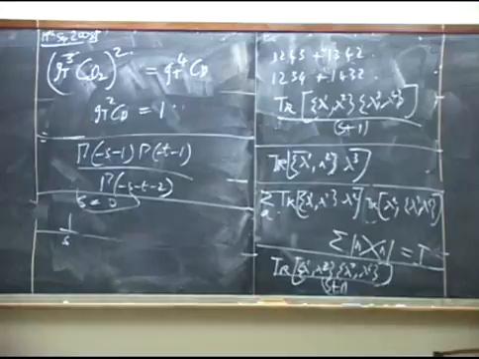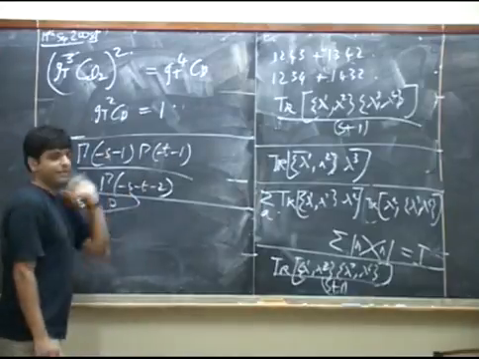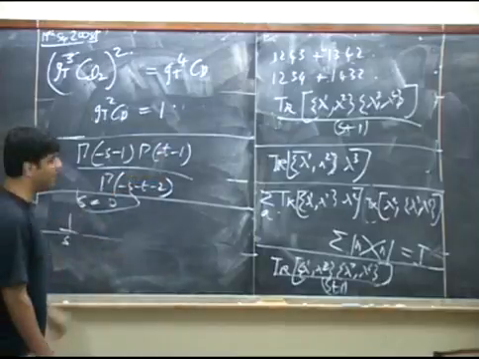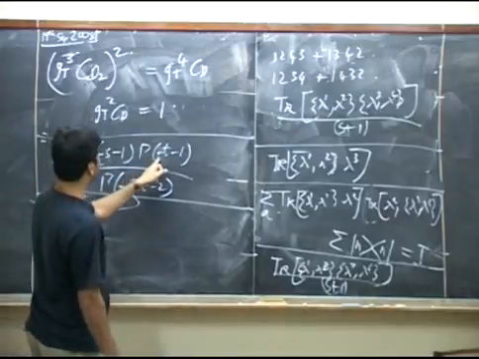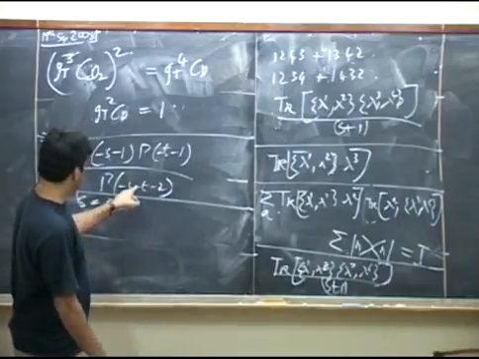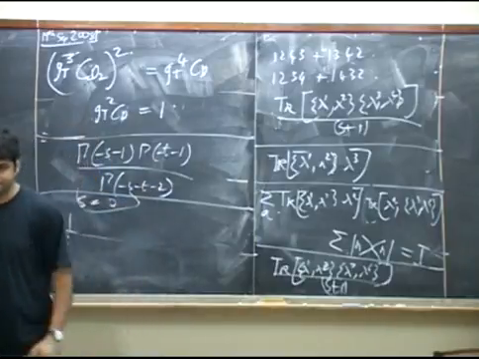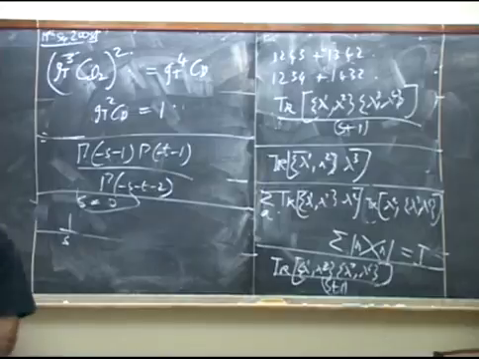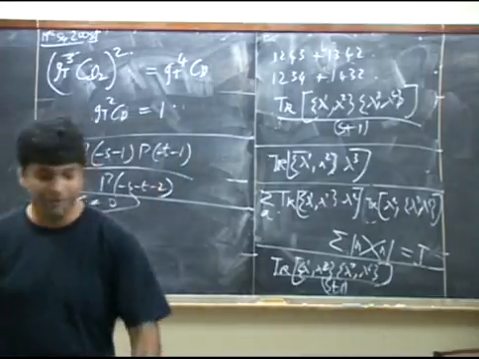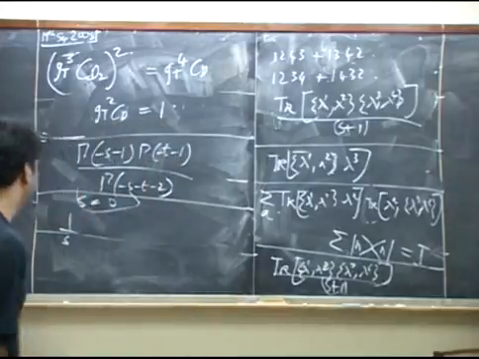Okay? On the other hand, here's something different. Because instead of having the same factor both in the numerator and denominator, we get a product of gamma of minus t minus 1 in the numerator and minus t minus 2 in the denominator. Now we once again use our favorite identity, gamma of n plus 1 is n times gamma of n.